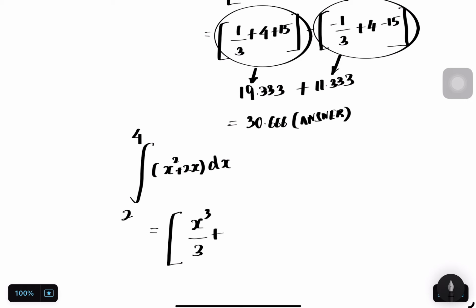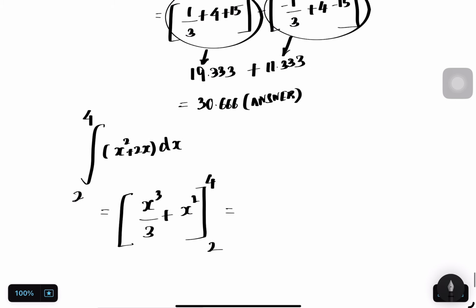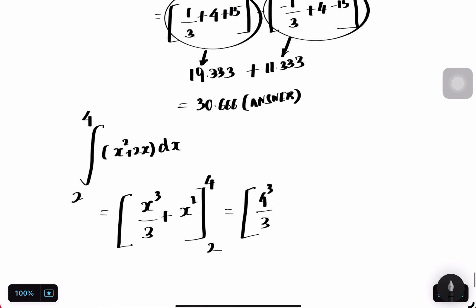Of course, plus 2 into x squared by 2. So the 2 just disappears over the limit 2 to 4. So let me substitute the upper limit. So it is going to be 4 cubed divided by 3 plus 4 square. So that is the upper limit. Minus, if I substitute the lower limit, it's going to be 2 cubed divided by 3 plus 2 square.